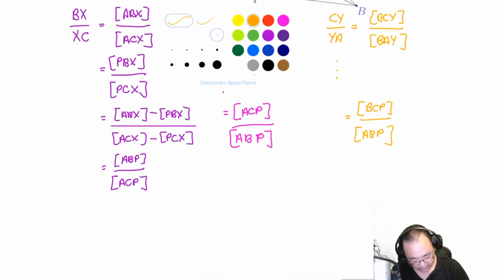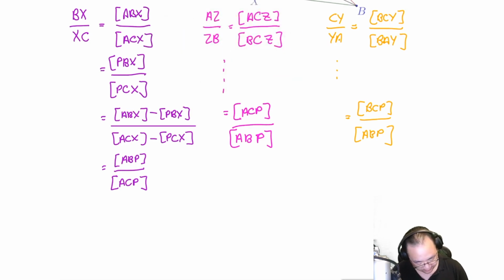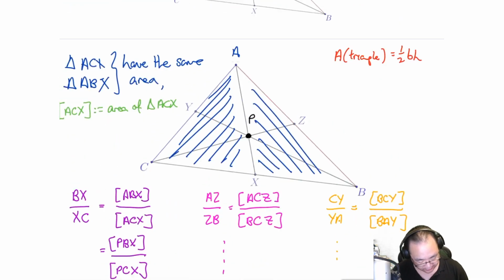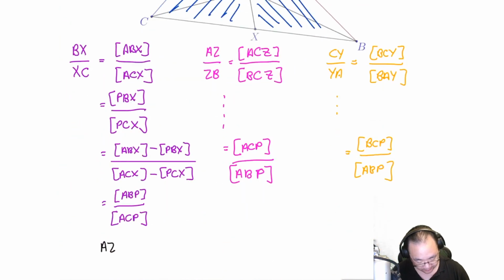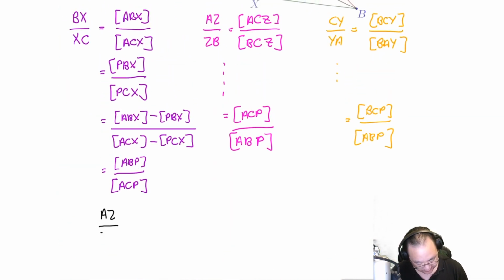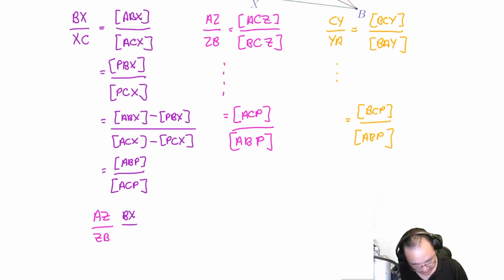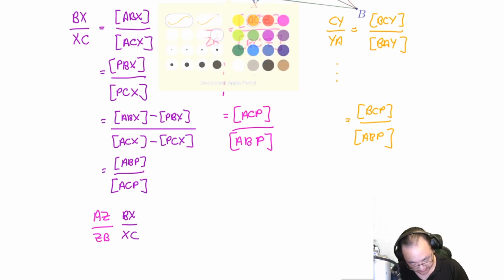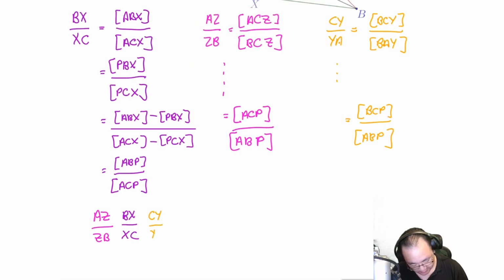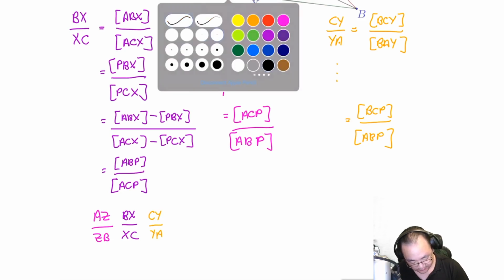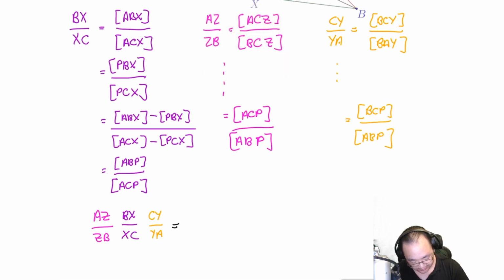So we'll do that one in black. So we'll do AZ. So the original one was AZ over ZB. Actually no, sorry, I should do that in the same color. So that's AZ over ZB, and then times BX over XC times CY over YA is going to be equal to, and then I'm just going to copy them all over.